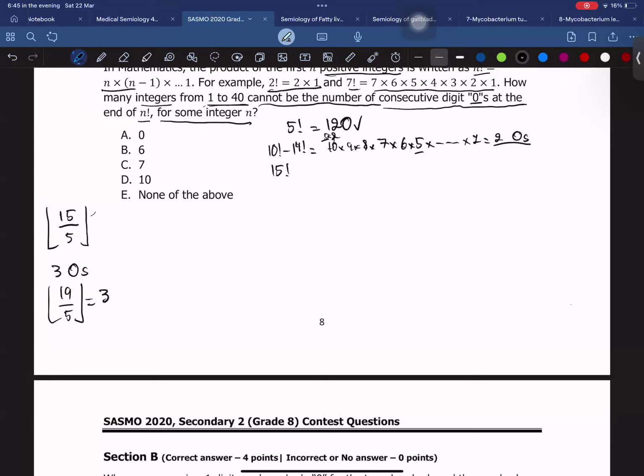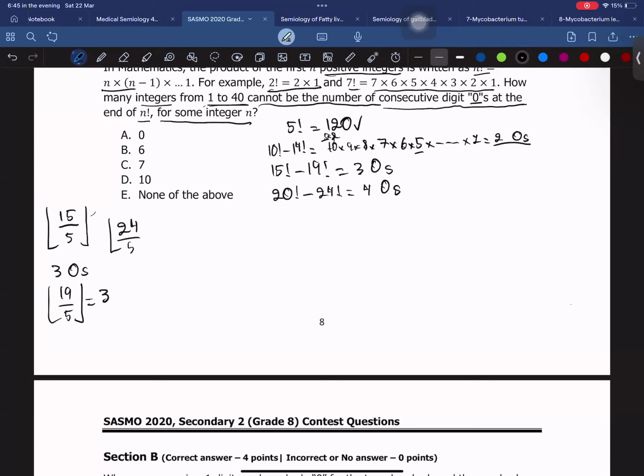But from 15 factorial to 19 factorial, we get 3 zeros. From 20 factorial to 24 factorial, we're going to have 4 zeros. Why? You can do this.